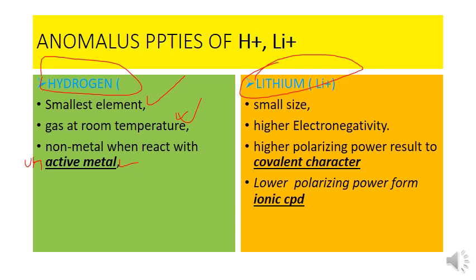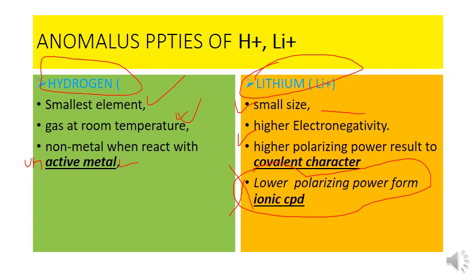Those are the anomalous properties of lithium: small size, high electronegativity, and high polarizing power. This is not for the others. Those are the anomalous properties of hydrogen and lithium.